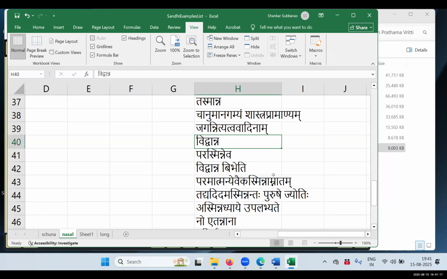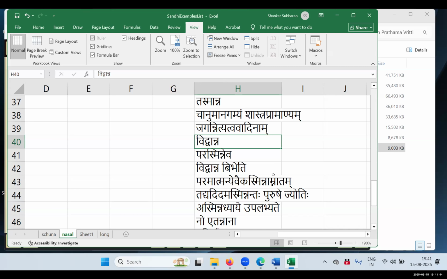What is this? Vidwan na. Somebody try. Any sandhi? It's just two words written together. Vidwan na. Don't think just because you see two nakaras there's some sandhi happening. Not necessary, okay? That's deliberately put there.